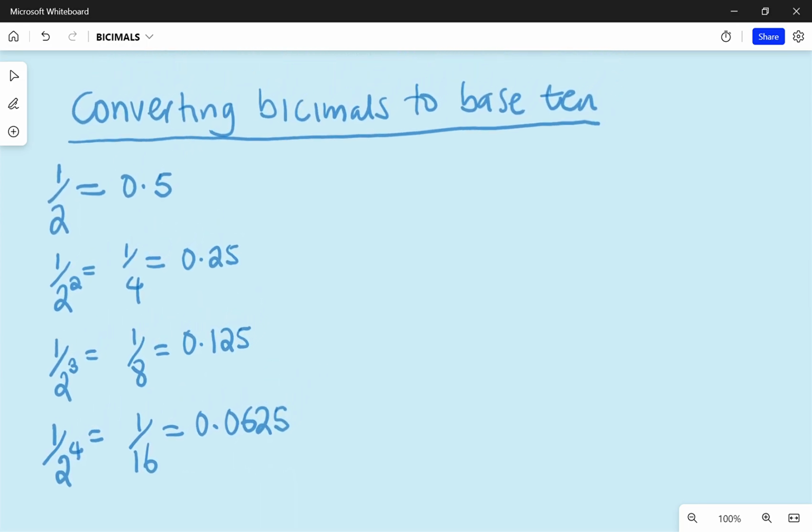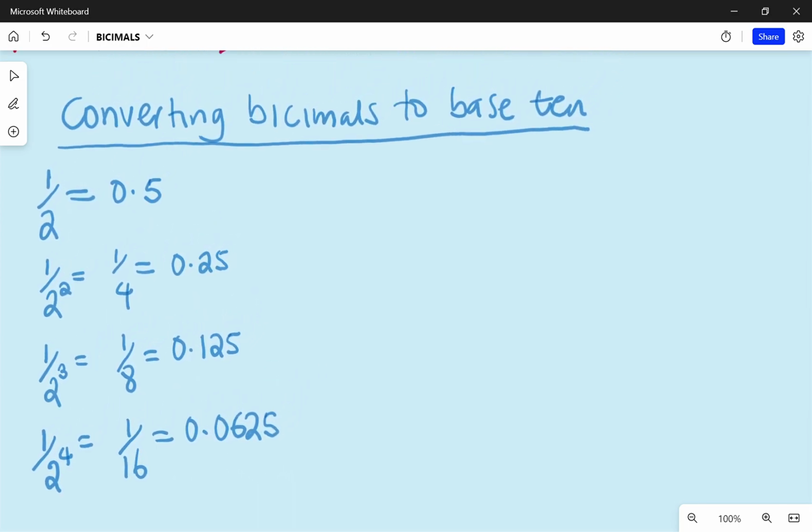All right, we can go on and on, but let's jump to the other part, those in the powers of 10. If I have 1 over 10, this is 0.1.